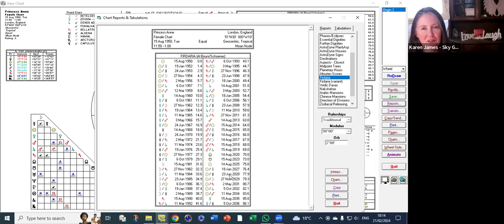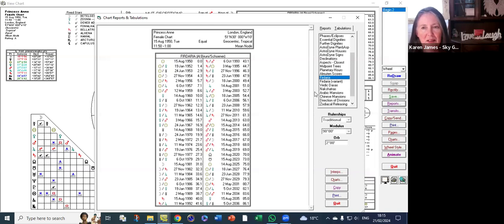And so the Firdaria are the same for all people with Sun above the horizon. They'll all have these particular ages and these particular sub-Firdars.